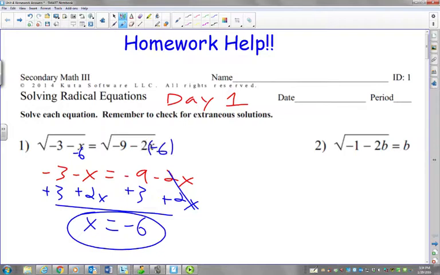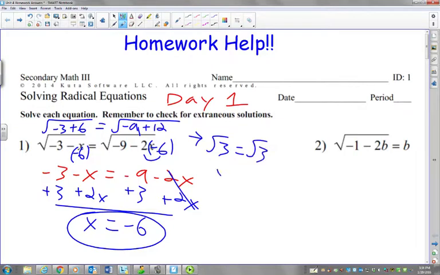A negative times a negative is a positive, so we have the square root of negative 3 plus 6 equals the square root of negative 9 plus 12, since negative 6 times negative 2 is a positive 12. So 6 minus 3 is 3, radical 3, and 12 minus 9 is also radical 3. The solution works, and so x equals negative 6 is correct.